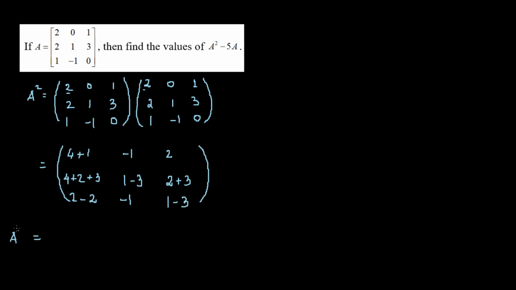Yes, this should give us A squared. The values will be 5, -1, 2, 7 and 3 is 10, negative 2, 5, 2 minus 2 is 0, negative 1 and negative 2. So that is the value of A squared.